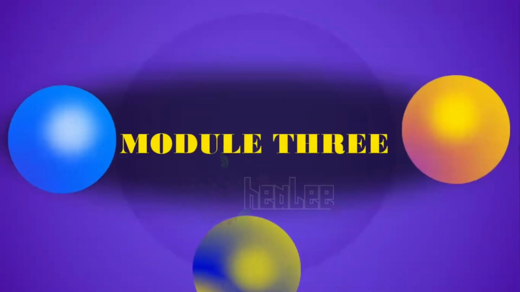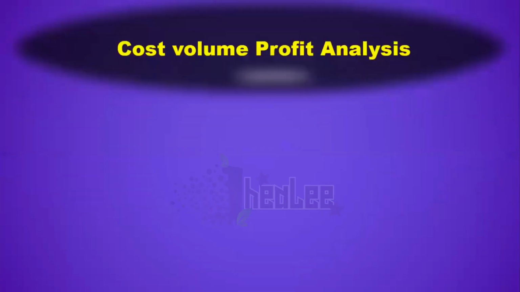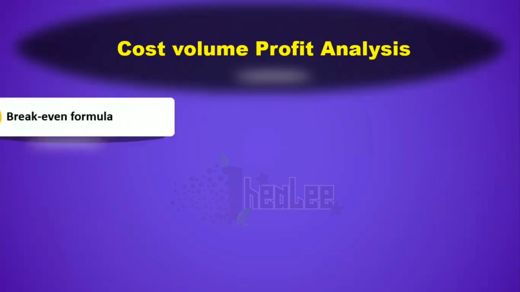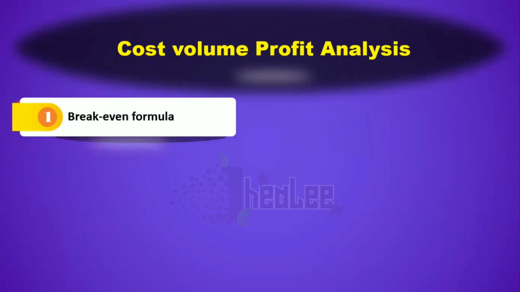Okay, now we are into module 3. And for module 3, we have 2 broad areas. The first one that I'll be looking at is cost volume profit analysis. And within cost volume profit analysis, you need to ensure that you know your break-even formula.